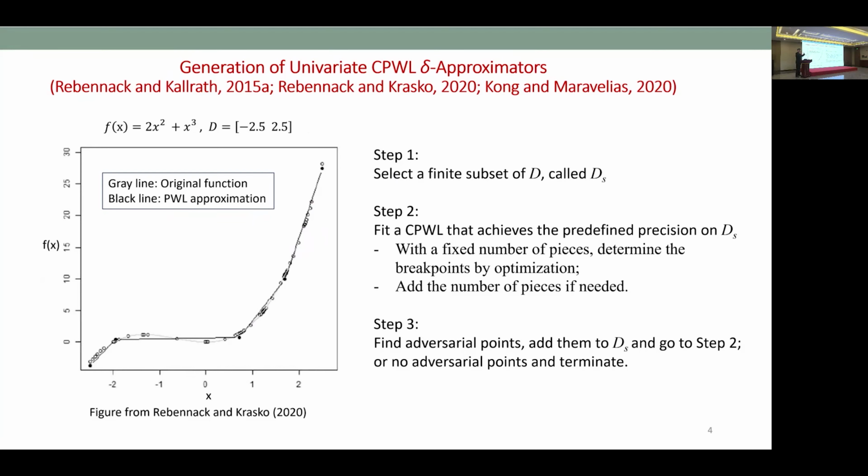You use sample points from the domain, and then you fit a CPWL function to the sample data set, and then you see if the existing CPWL is good enough or not for the entire domain. If not, then we keep adding points into the set. This process is guaranteed to terminate in a finite number of steps.